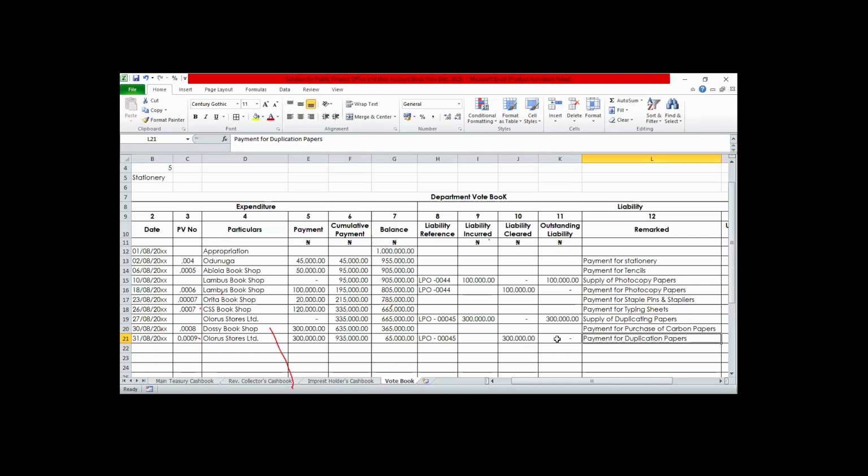Any other question? So there won't be any balance adding it up, doing this and doing it? No. Any other question?